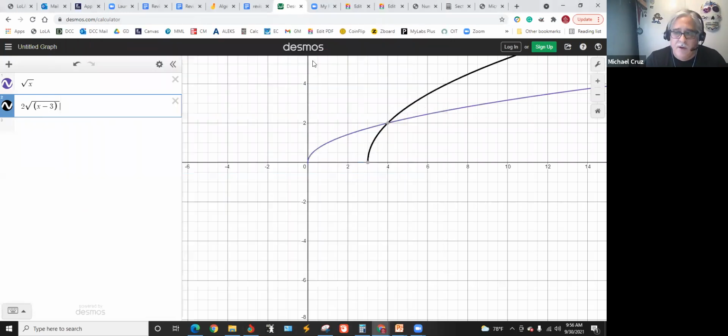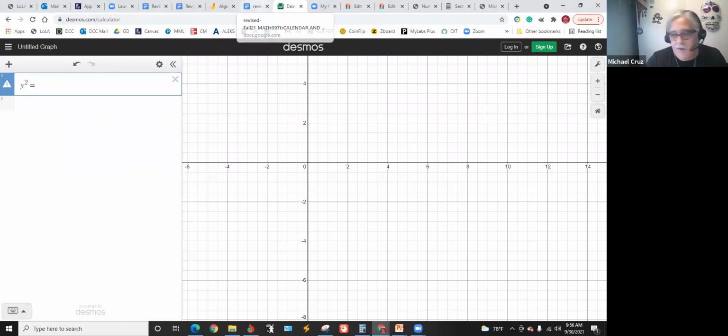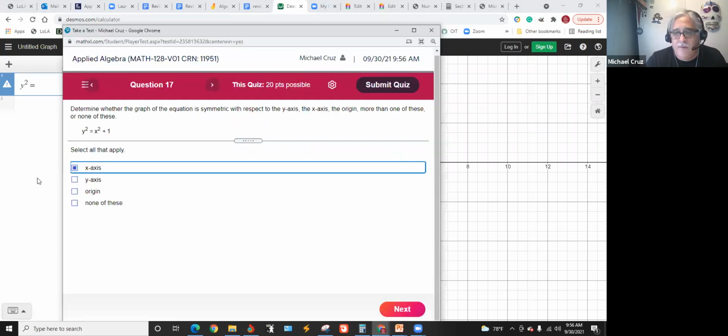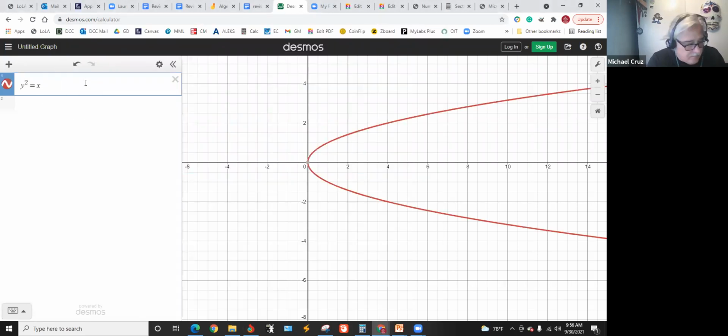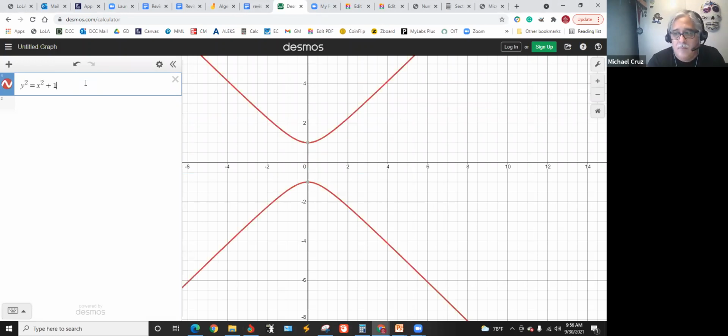So let's just kind of show you, because this is just like general. And this just kind of applies in every case where you have a non-function. All right. So say it fails the vertical line test, but it's symmetric about the x-axis. You know what? It's also symmetric about the y, isn't it?